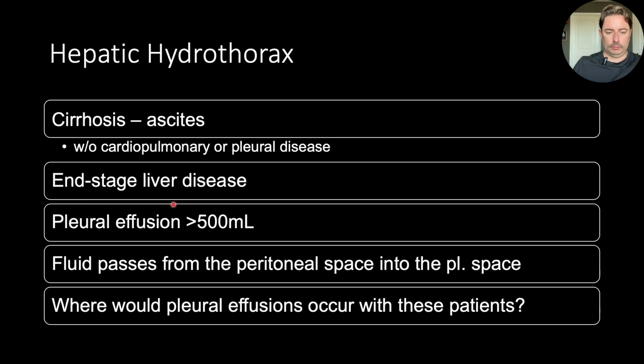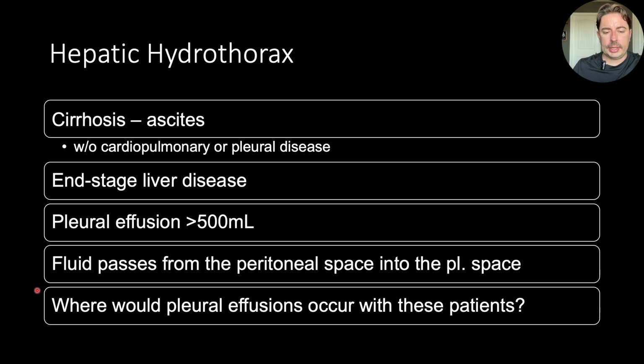So we want to intervene with a thoracentesis when the pleural effusion volume, or that hydrothorax, is greater than 500 mLs. The fluid will pass through the peritoneal space into the pleural space, moving from the abdominal space into the pleural space.